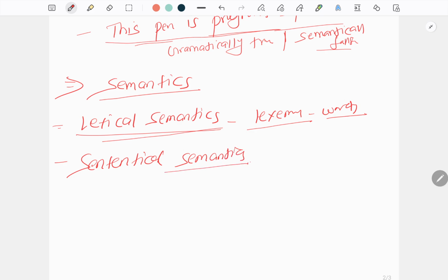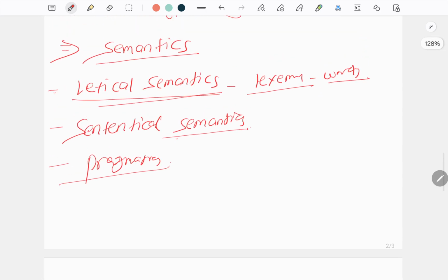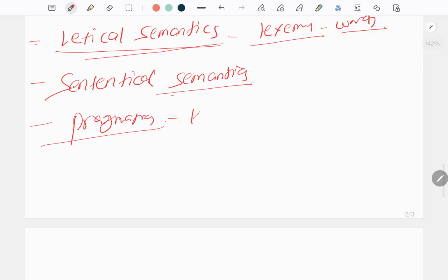Okay, and one more topic that we have is pragmatics. Pragmatics means the study of how the context affects the meaning. In pragmatics we study how the context affects the meaning.